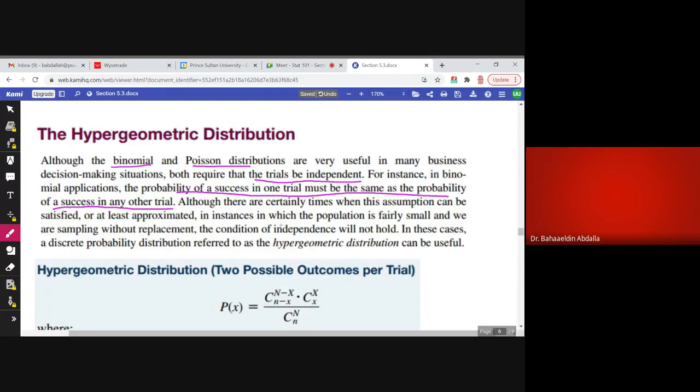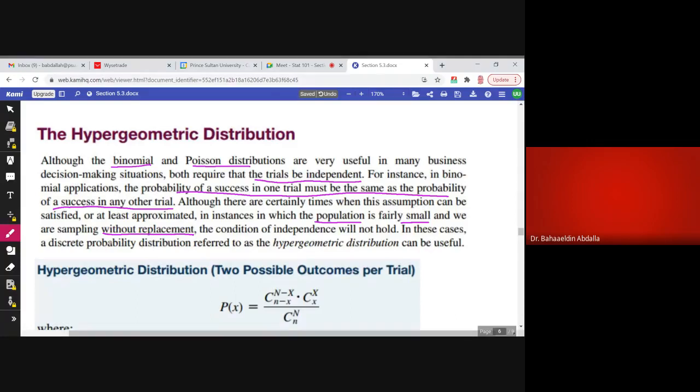Now, what if we deal with populations that are small, fairly small, and the sampling is without replacement? If you remember, if the sampling is with replacement, it would be binomial because independence would be guaranteed in that case.